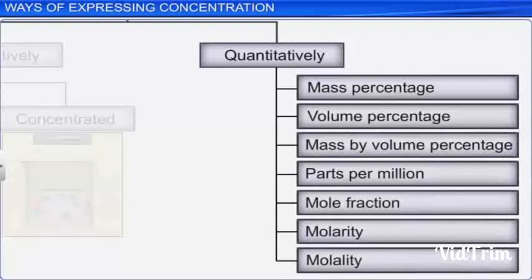These methods are mass percentage, volume percentage, mass by volume percentage, parts per million, mole fraction, molarity, and molality. Let's discuss these methods one by one.